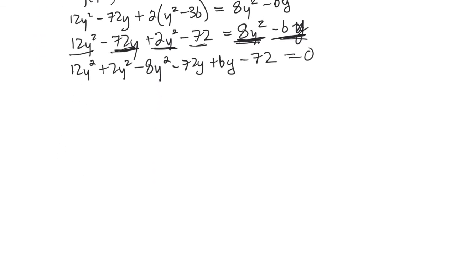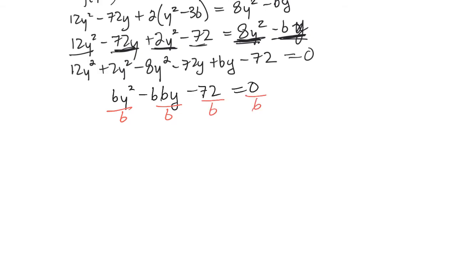Okay, collecting like terms, 12 plus 2 is 14, minus 8 would be 6. Minus 72 plus 6 would be a minus 66, I think, y, minus 72 equals 0. I think they're all divisible by 6, so let's do that. Divide by 6, everybody.